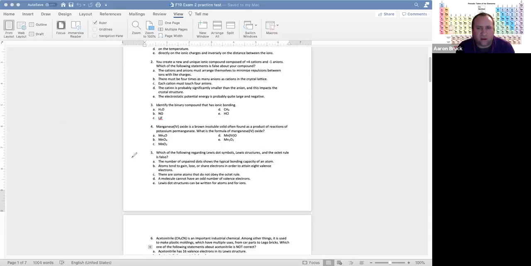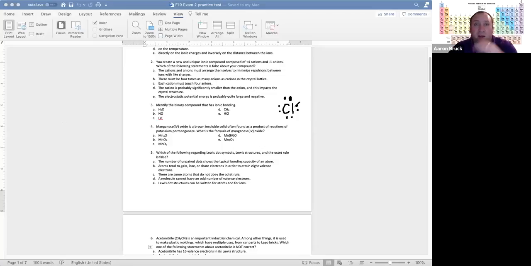Can you just do it in lines, like one straight line down, one straight line up, if it was a tetrahedral? Because that's showing that everything is satisfied. So the formal charge is 0.